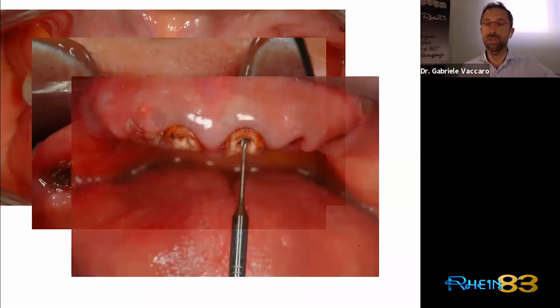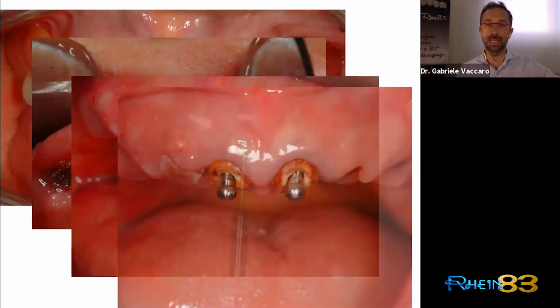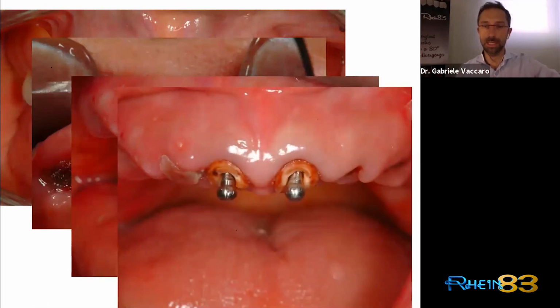We had these two remaining roots, and we planned implants on the left and right side, but we didn't want to use a complete denture that could compress the implants. So we use these two central incisors to give retention to the temporary prosthesis.